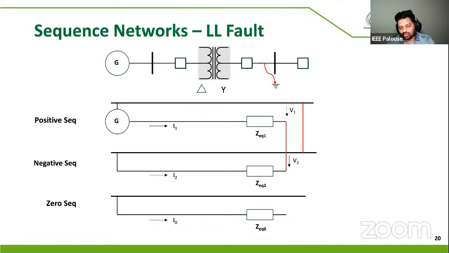In case of a line to line fault, your positive and negative sequence components are connected in parallel together, and you will never have a zero sequence component. There is no ground involved with this. So your mathematical results will lead you to do this particular symmetrical network reduction.